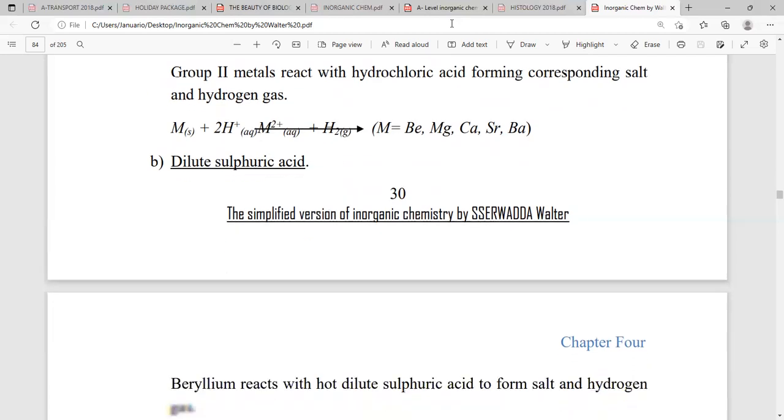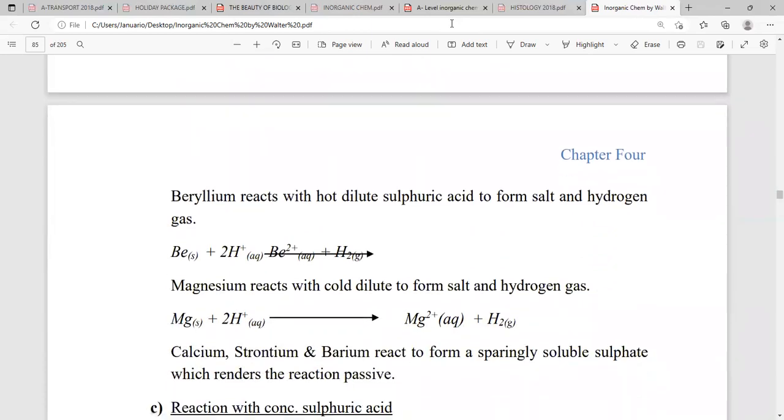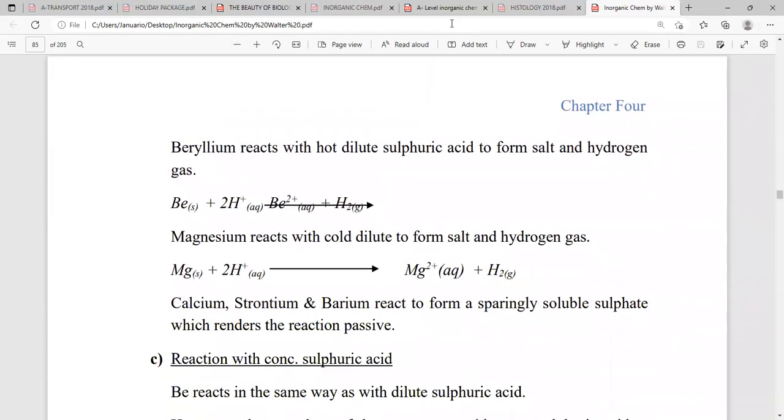With dilute sulfuric acid, beryllium reacts with hot dilute sulfuric acid to form a salt and hydrogen gas, and magnesium reacts with cold dilute to form a salt and hydrogen gas. So the conditions are a bit different. For beryllium, it is hot. That means you must increase the temperature.